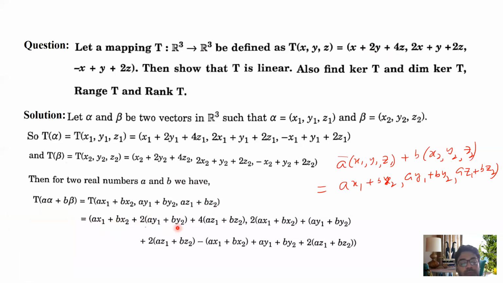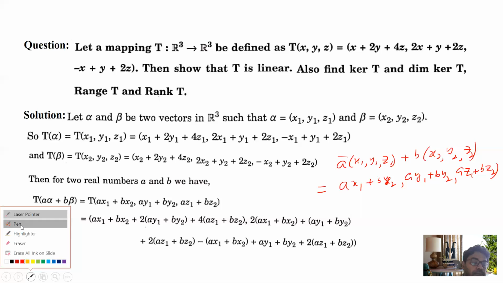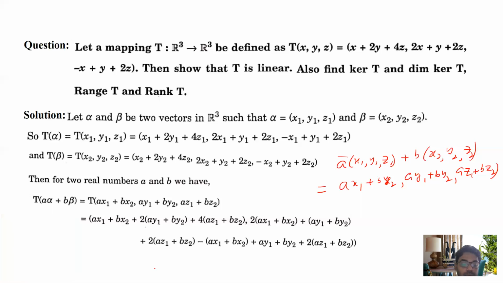Okay, so now you substitute these three components in this relation, that is (A x1 plus B x2 plus 2(A y1 plus B y2) plus 4(A z1 plus B z2), 2(A x1 plus B x2) plus (A y1 plus B y2) plus 2(A z1 plus B z2), minus (A x1 plus B x2) plus (A y1 plus B y2) plus 2(A z1 plus B z2)). It should be a comma, this comma is missing.